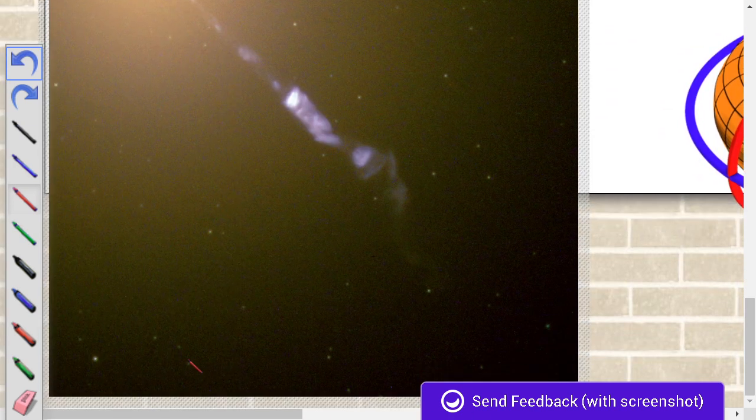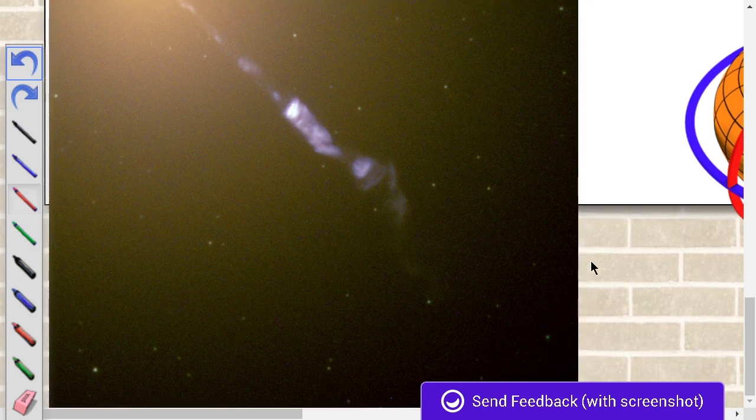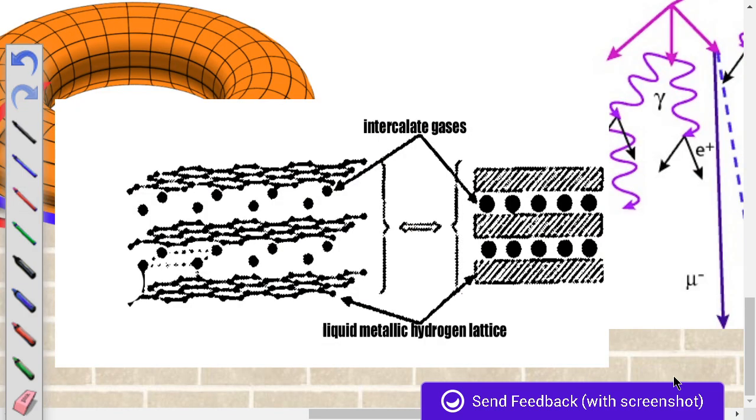Let's talk about one more thing real quick while we're on the whiteboard. Let's consider briefly the idea, and it's a fairly sound idea, that the sun is actually made of liquid metallic hydrogen. If it were made of liquid metallic hydrogen, it would consist of these layers of lattices, which look a lot like graphite. It explains why the sun appears to be dark at the layer of the photosphere, emits like a metal, the magnetic structure.